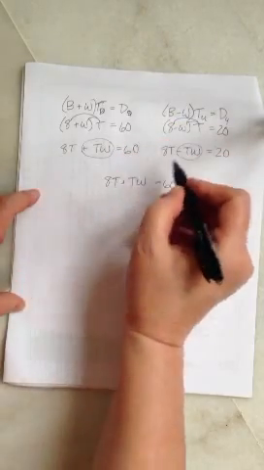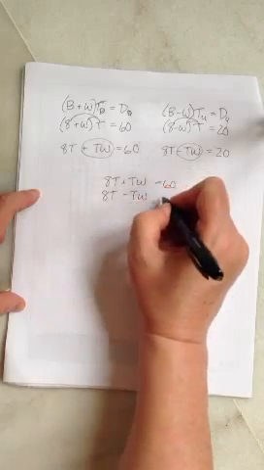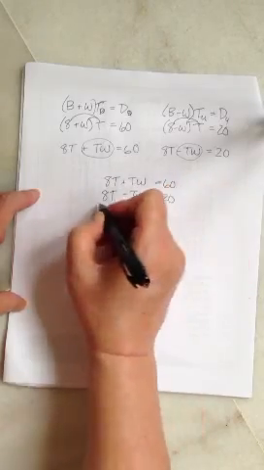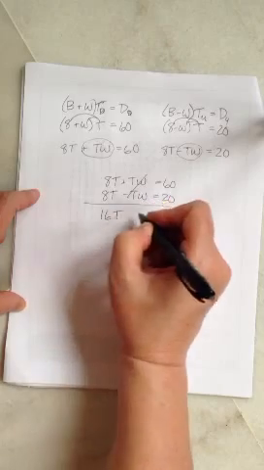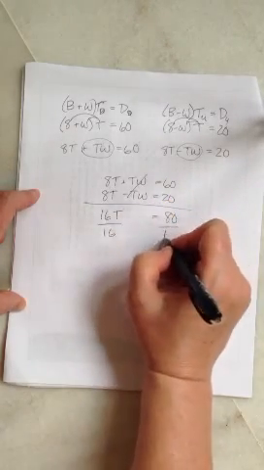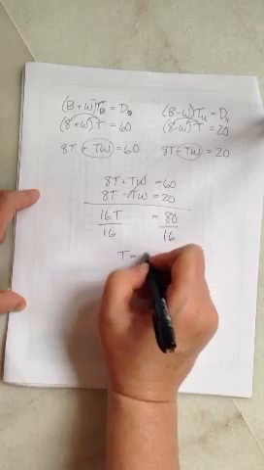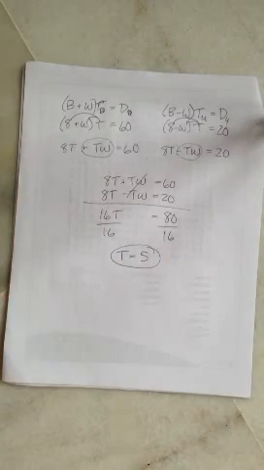Okay, so I'm going to put that one on top, and then we're going to put this one underneath. 8T minus TW equals 20. And then I'm simply going to combine them in elimination. 16T equals 80. Divide both sides by 16. T equals 5. Okay, so the time that it takes these boats to make these trips is 5 hours.